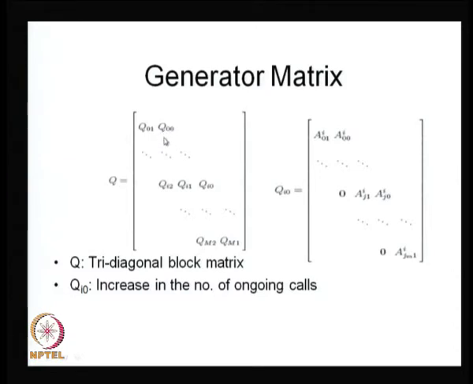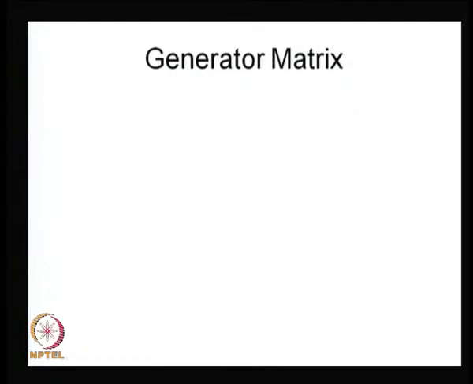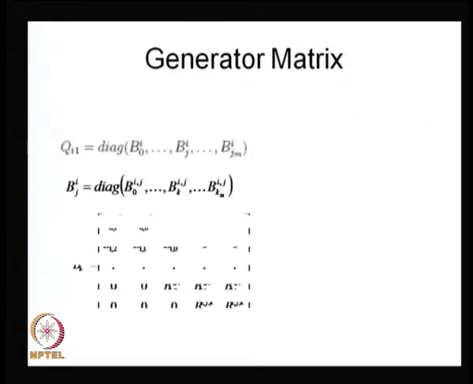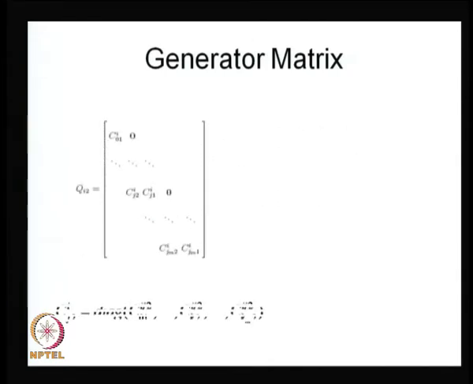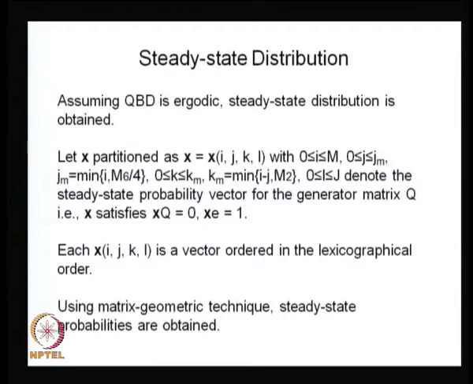In this model we have a 4 level quasi birth death process. Therefore, we have a Q matrix with block matrices in 4 levels, and at the 4th level you have the matrix whose entries are elements. I am just skipping the part on how each matrix of the generator matrix is structured. And our interest is to get the steady state distribution for the quasi birth death process also.